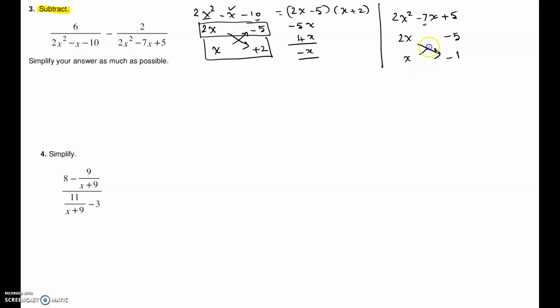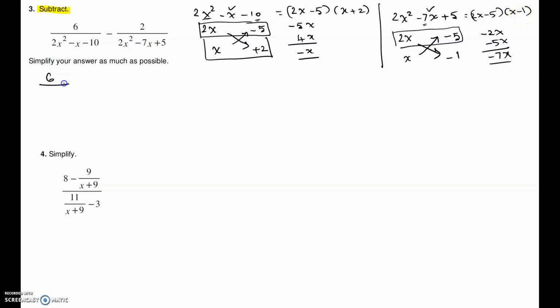Now you cross multiply it. So it is 2x times negative 1, negative 2x, negative 5 times x, negative 5x. When you add, you get a negative 7x. That is the middle term. So now you can box this, which is 2x minus 5 times x minus 1.